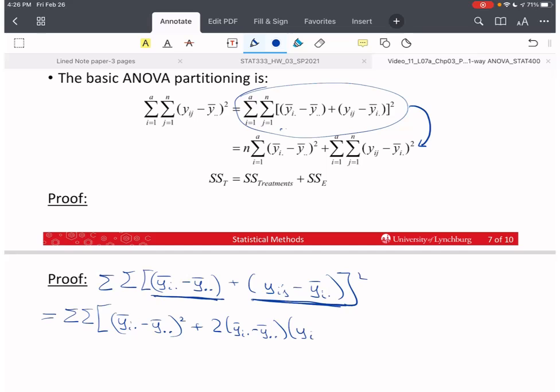So yij minus yi dot bar, and then plus the second term squared, right? So a plus b squared equals a squared plus 2ab plus b squared. We're doing the same thing. So yij minus yi dot bar quantity squared. And everything is within the summation.